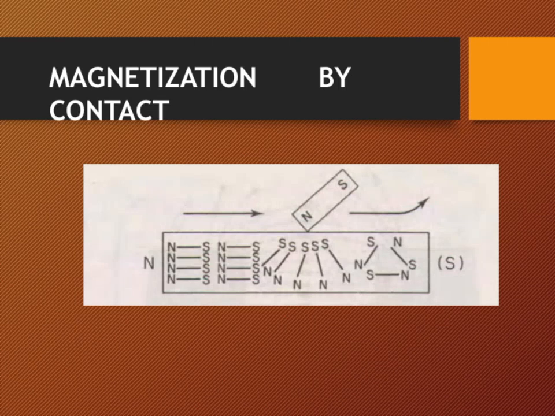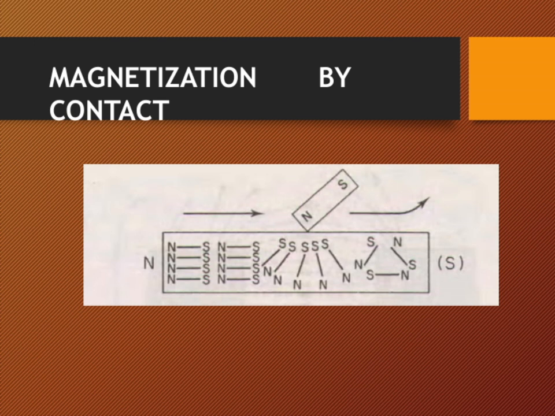Magnetization by contact is a fascinating process that highlights how magnetic properties can be transferred directly through physical contact. When two magnetic materials touch, the magnetic domains in one can influence those in the other, effectively magnetizing the second material. This method is particularly useful for creating magnetic connections without the need for external magnetic fields.